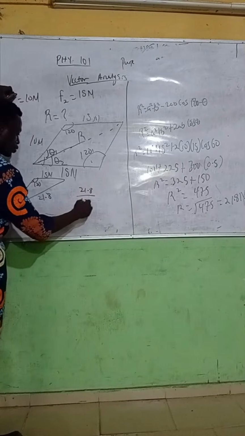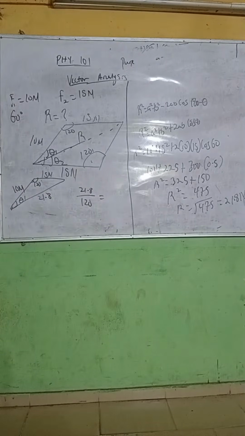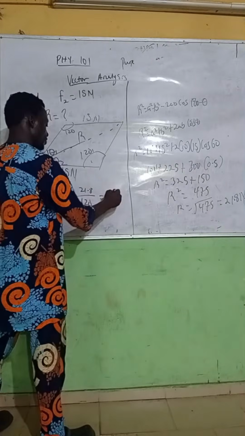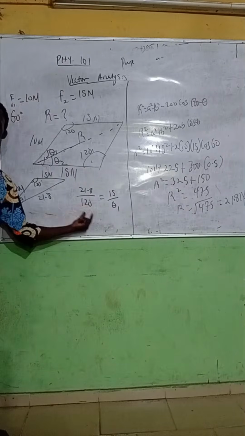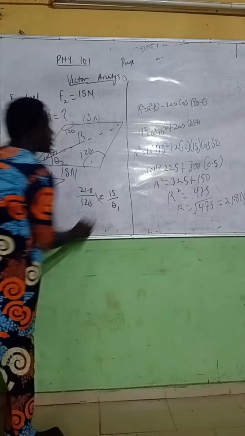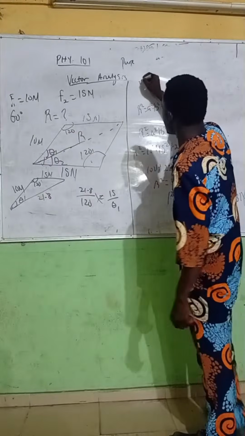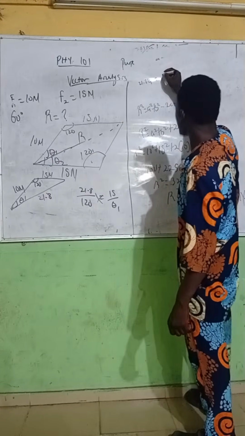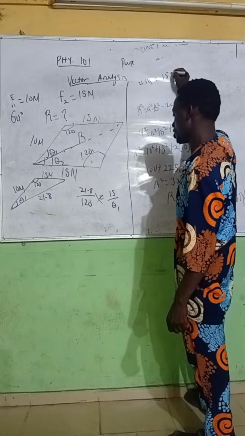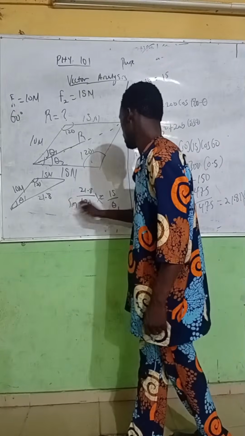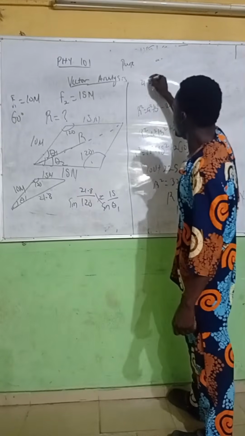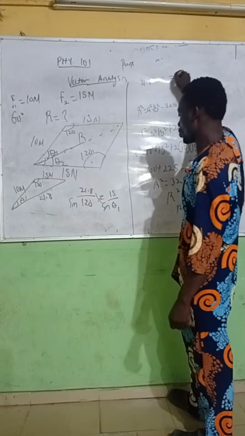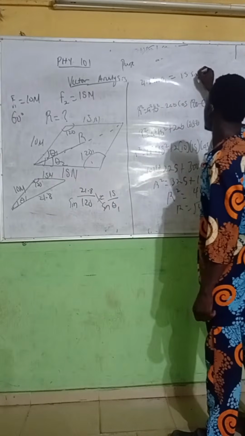So let's say 21.8 divided by sine 120 equals 15 over sine theta 1, where theta 1 is the angle facing this side. Since I use the angle at the bottom here, I use the angle at the bottom here. Cross multiply. So here you have 21.8 sine theta 1 equals 15 sine 120.